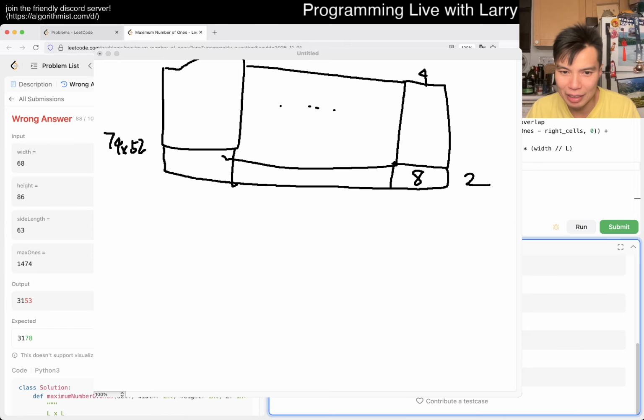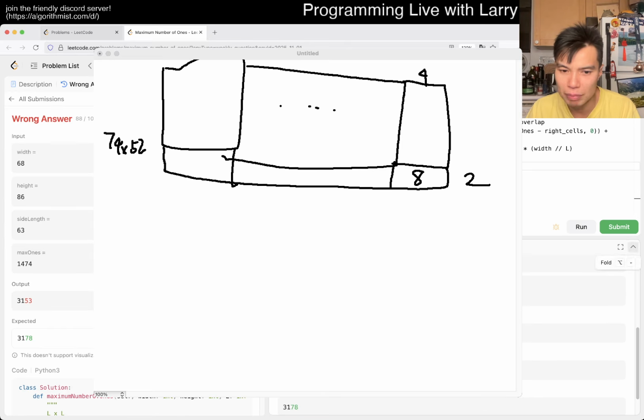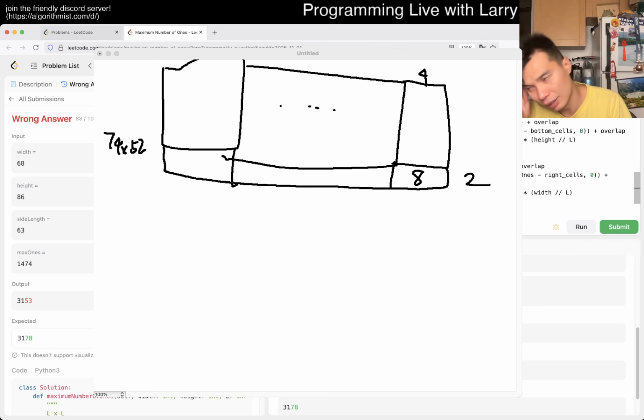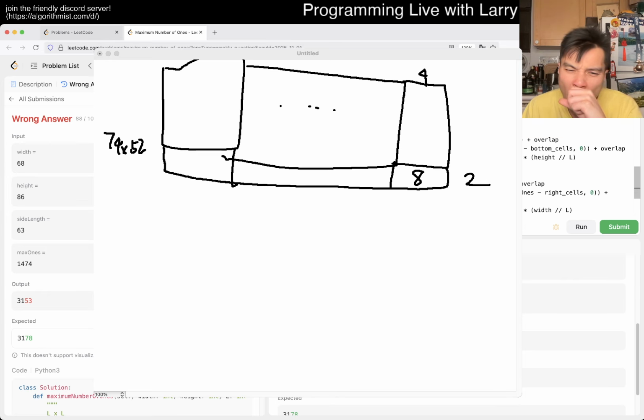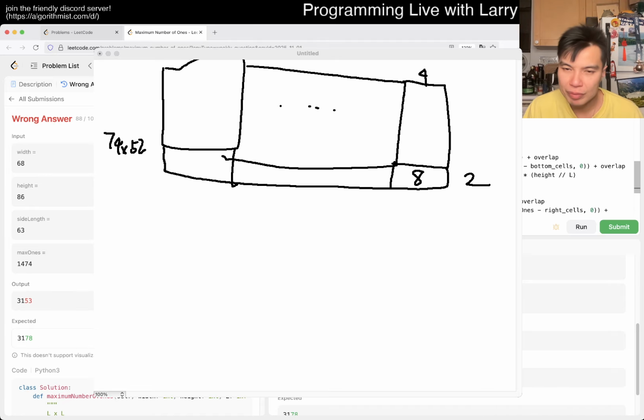If I have to guess, the reason I think this is probably the overlap is because we're subtracting the overlap, so maybe there's some weird thing here. It is because this is bounded by. No, overlap should already have things, right?